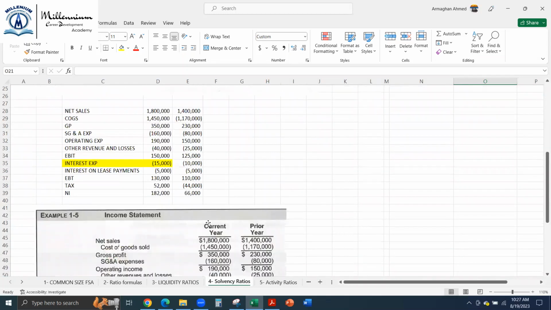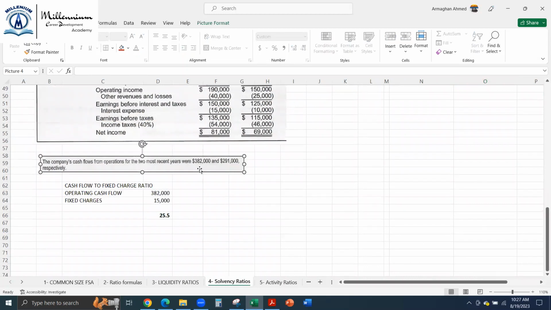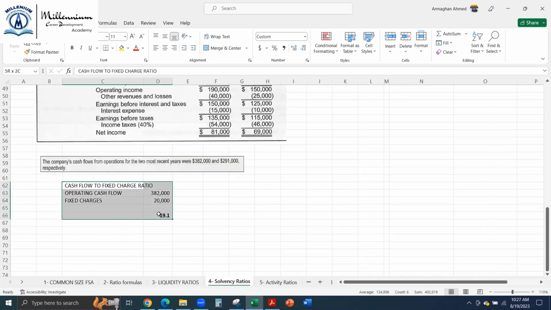Where is that? So 382 divided by 15. No, total I make 20,000, right? So this will be coming as the cash flow to fixed charge ratio.